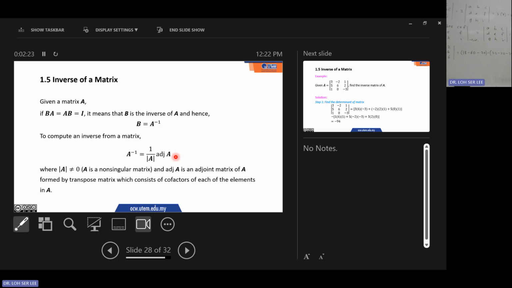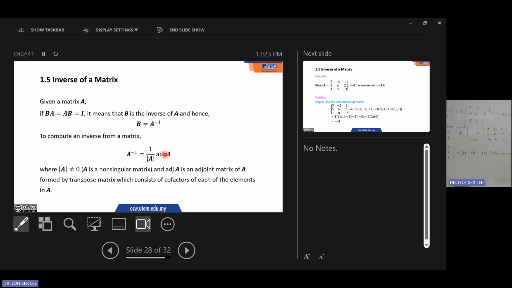For this semester I'm not sure, but for the last few semesters, the question is from this topic. So we have to find the determinant first, make sure it is non-zero, then we proceed to get the adjoint A.